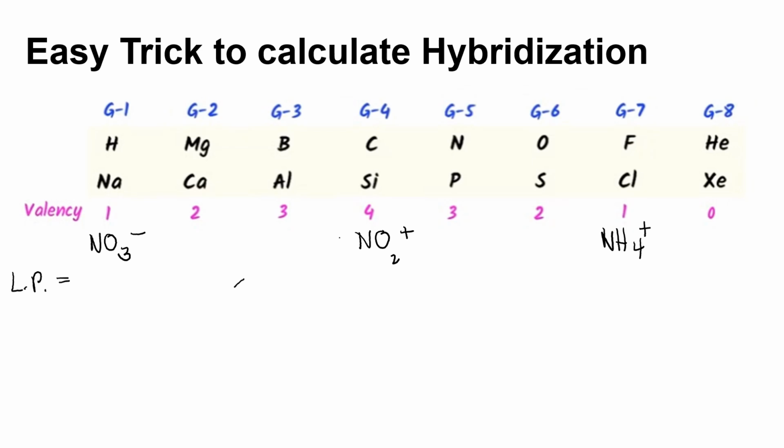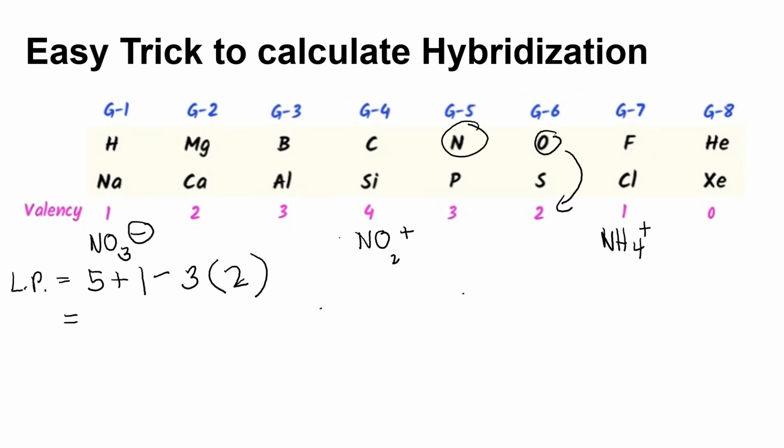Nitrogen's group number is 5, plus we need to add 1 because you have 1 electron. Remember, these are electrons, so we add the electron there, minus 3 times the valency of oxygen, which is 2. So we have 6 minus 6 is equal to 0 divided by 2. We still have 0 lone pairs here.